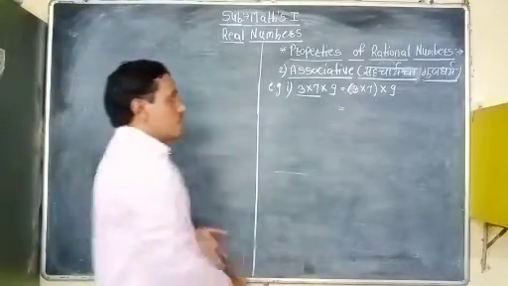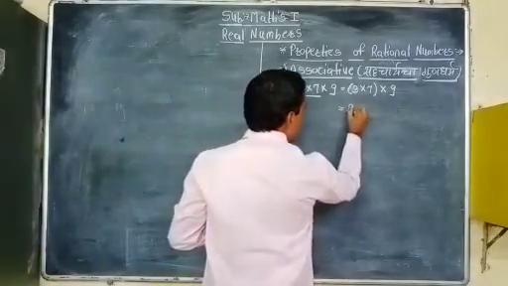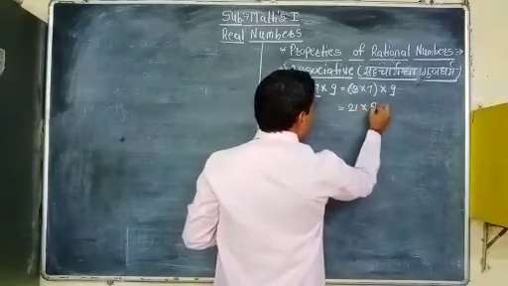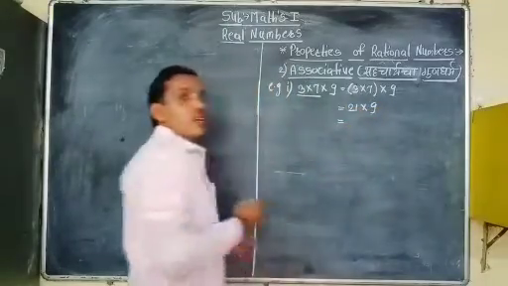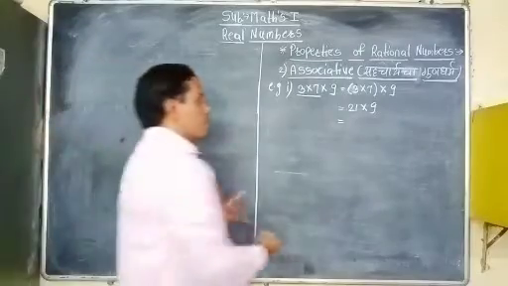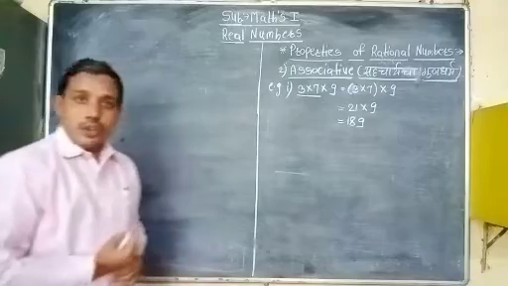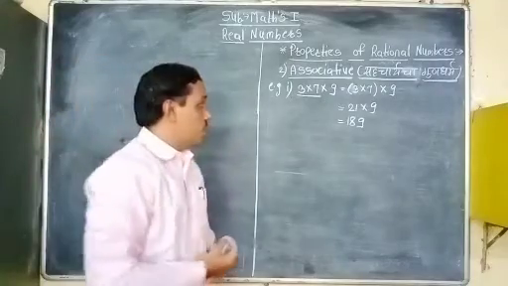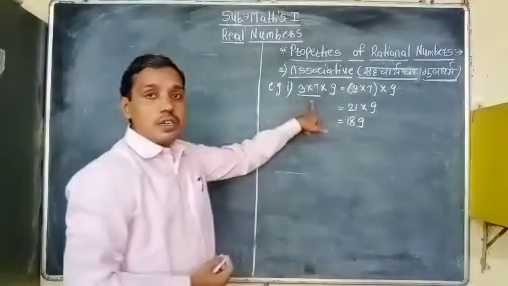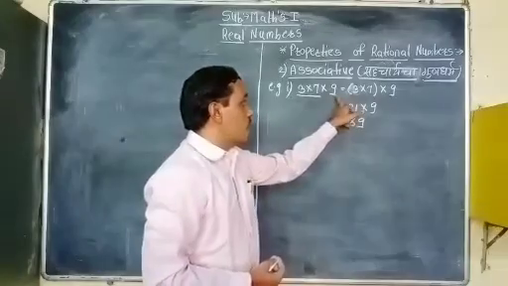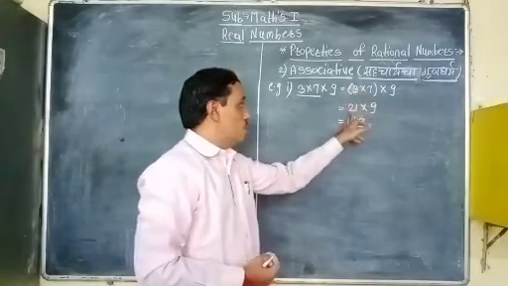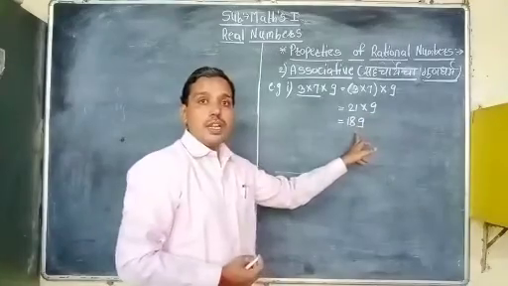So what is the answer? 3 sevens are 21. Then 21 into 9: 21 nines are 189. We get the product of 3 into 7 first, and then the product of that product with 9. So 21 into 9 is 189.